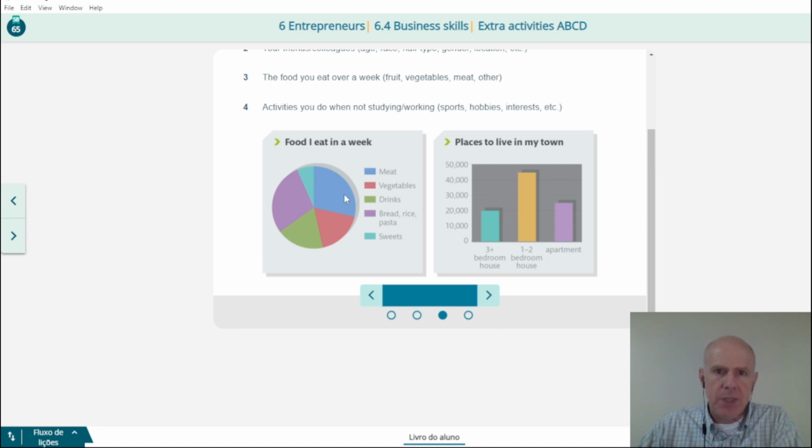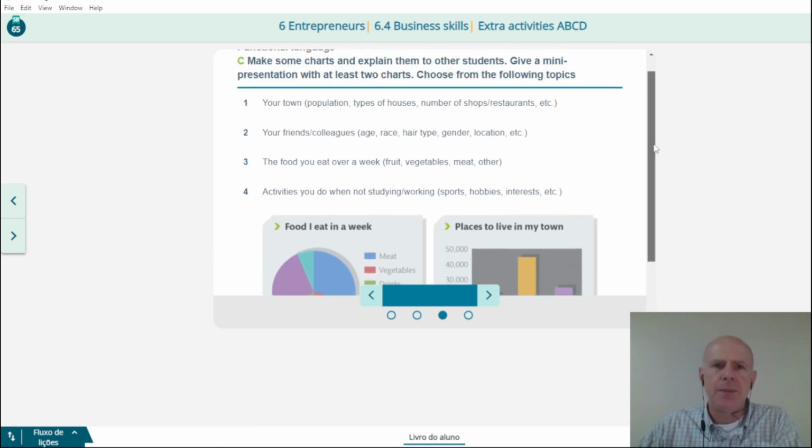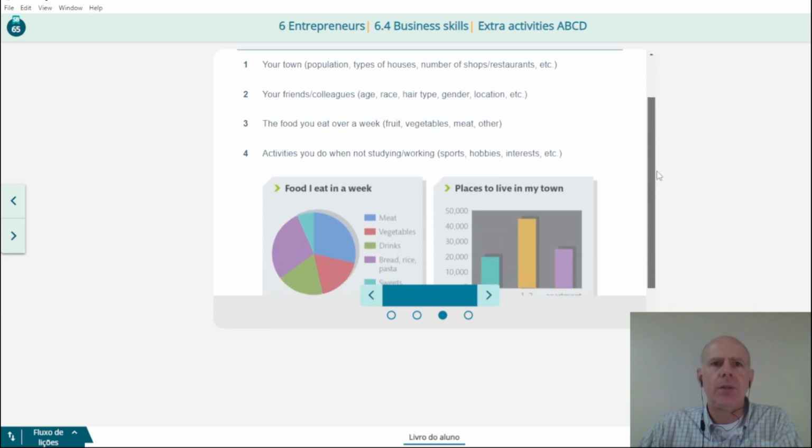Wow, a lot of meat here, right? Vegetables, drinks, bread, rice, and pasta. Well, I can't say if I do the same, but let's see what the options are. Your town: population, types of houses, number of shops, restaurants. Interesting.